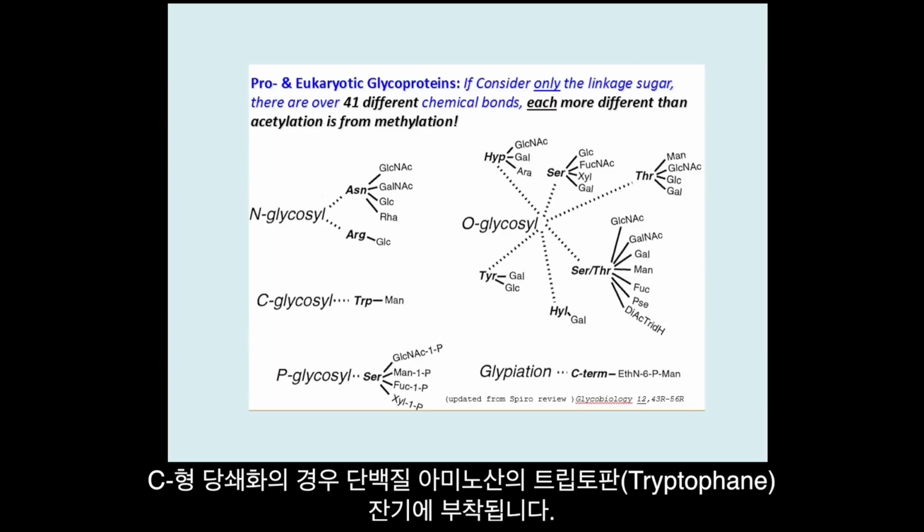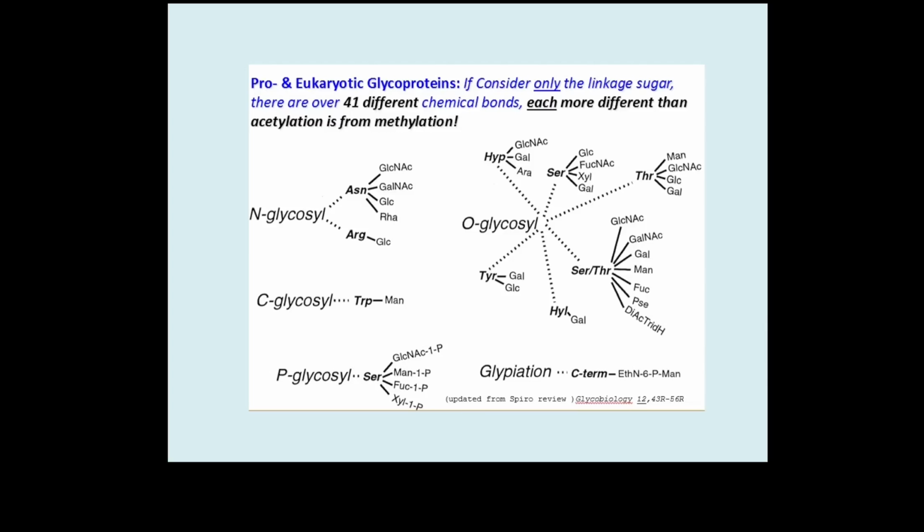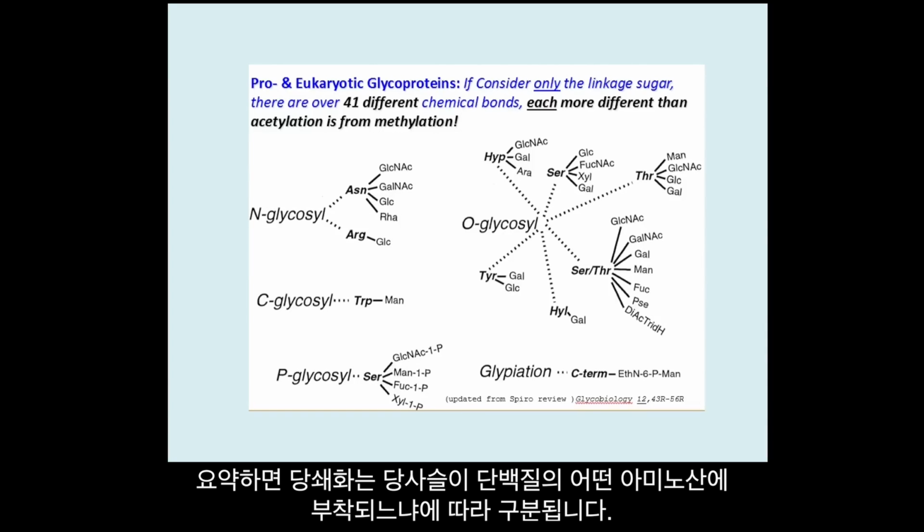In C-link glycosylation, the mannose binds to the indole ring of tryptophan. And lastly, in phosphoglycosylation, the glycan binds to serine via phosphodiester bond. In summary, the glycosylation categorization relies on the signature amino acid residue it binds to.